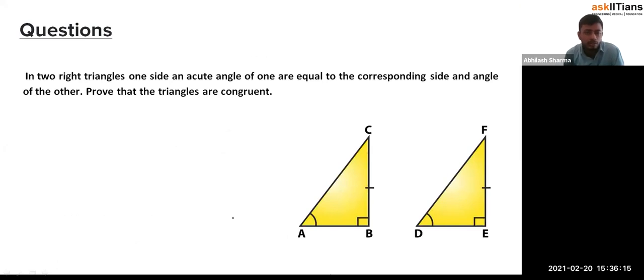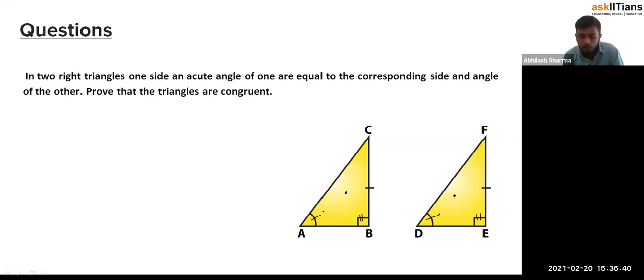In two right triangles, one side and an acute angle of one are equal to the corresponding side and angle of the other. Prove that the triangles are congruent. So look, what do we observe in both of these triangles? We observe this angle, this angle, this angle, this angle, and this side is equal.